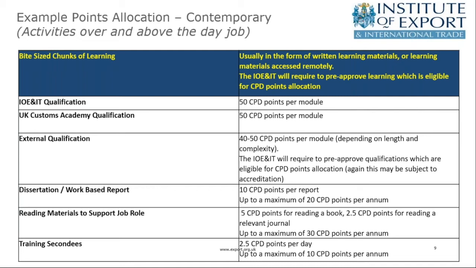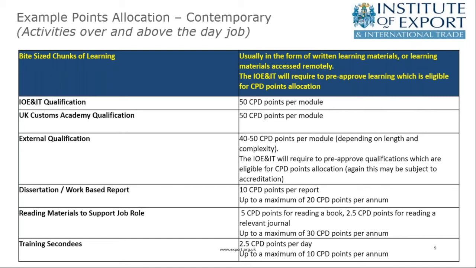We would get slightly suspicious if people were just claiming for reading magazines and articles, and we would look for a spread of CPD points there, because this is about continuing professional development. If you train a secondee at your work or a new employee, you can claim CPD points again, up to a maximum of 10.